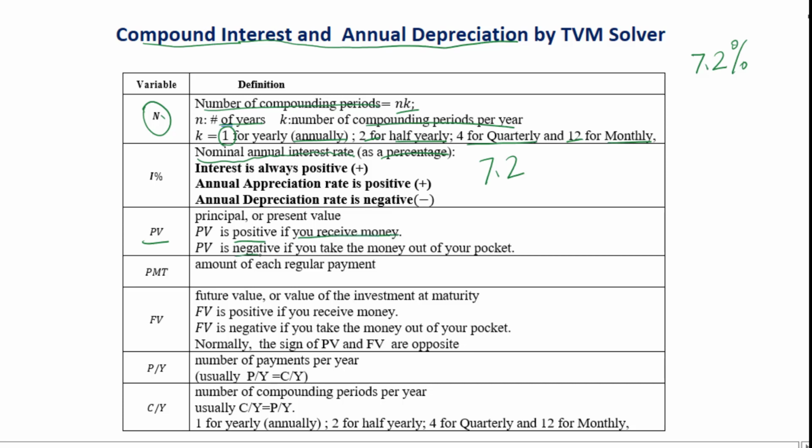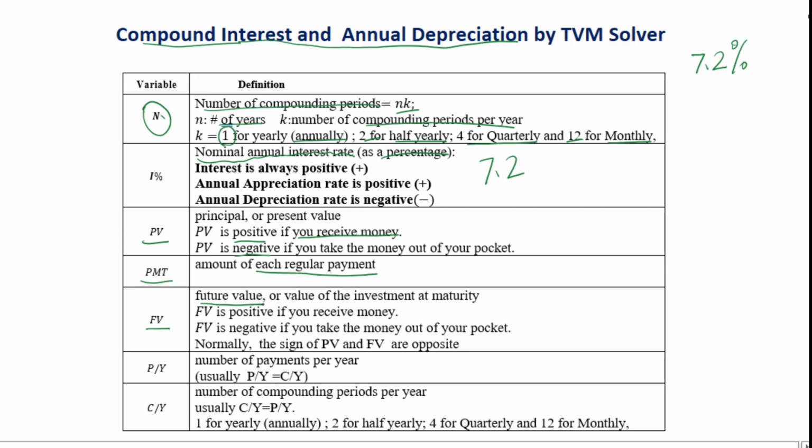PV is negative if you take the money out of your pocket. PMT stands for payment. It's the amount of each regular payment. When you have a loan, you need to pay a monthly payment. That will be PMT.